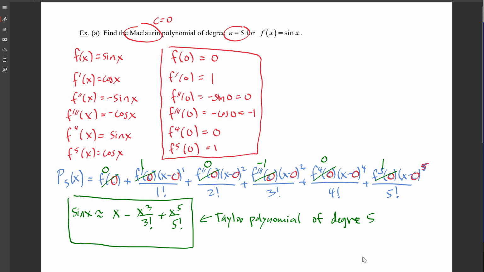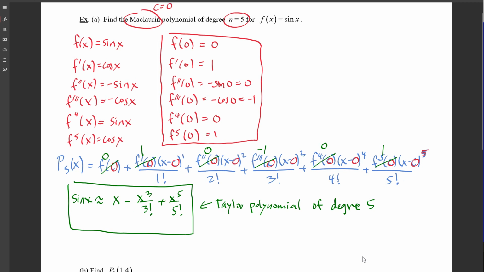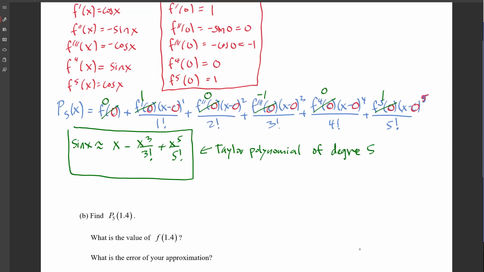Let's answer some questions about this sine x approximation. Remember, this is an estimate for sine. So what if I wanted the sine value of 1.4? Well, I could use this polynomial to estimate it.